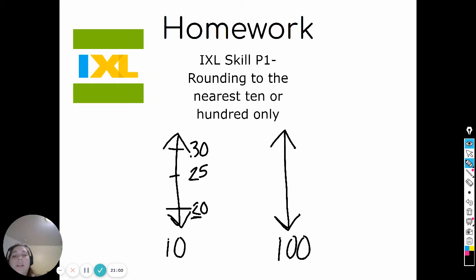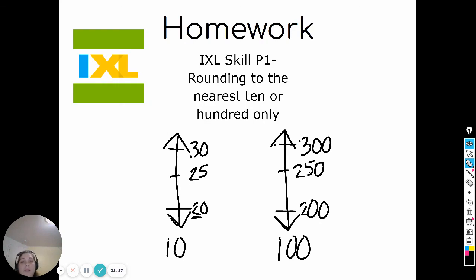When you're rounding to the nearest hundreds place, your numbers are going to have 2 zeros at the end. And your halfway point will end in 50 instead of 5. Okay, so that's the biggest difference that you're looking at when you're doing the number lines.